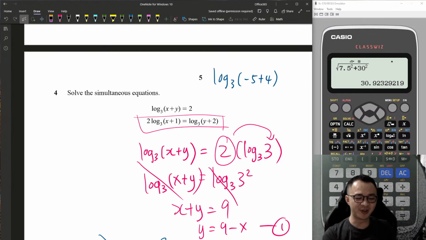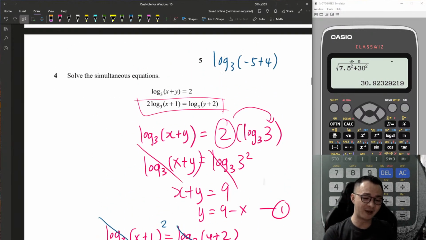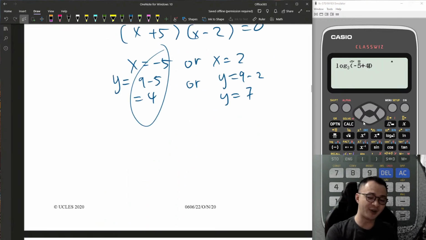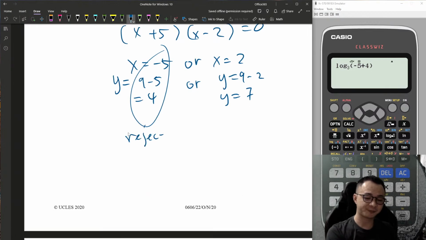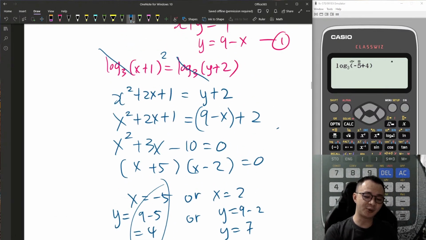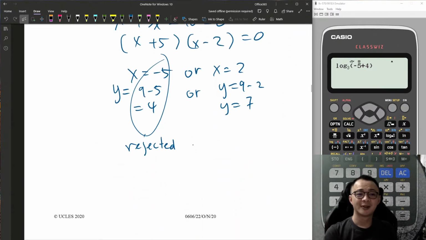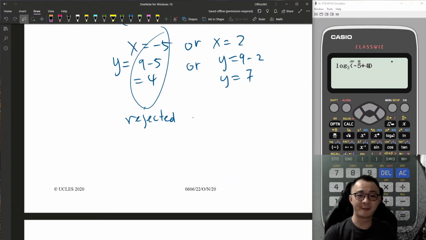This one will give us a math error, because any negative value inside the log will give us math error. If you don't believe me, you can just type it, and you can see it's a math error. So this value we should reject. Okay, this is 2 and 7, should be no problem. So thanks Claire for telling me that.